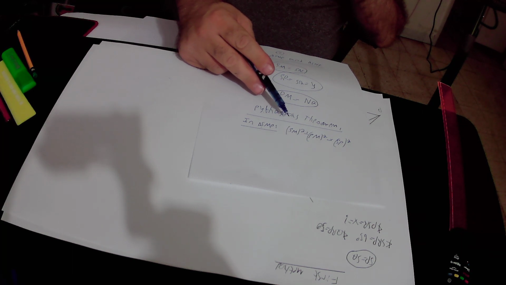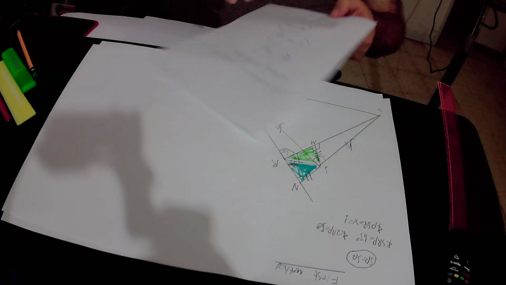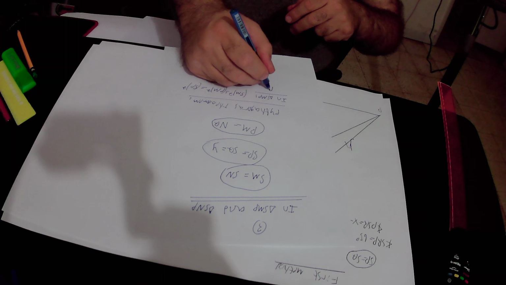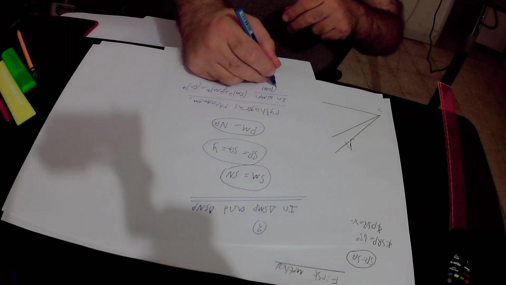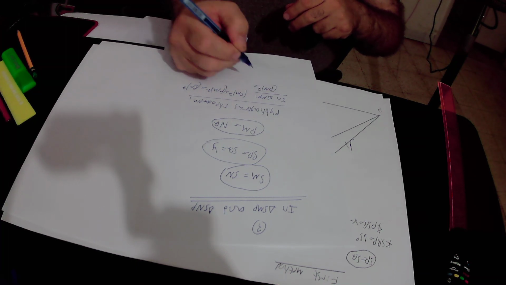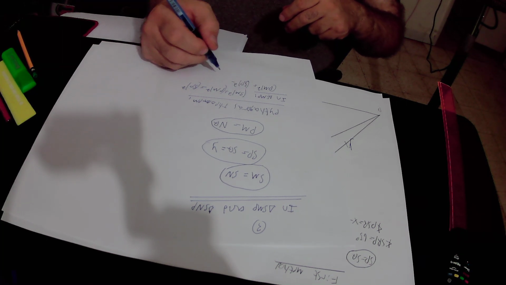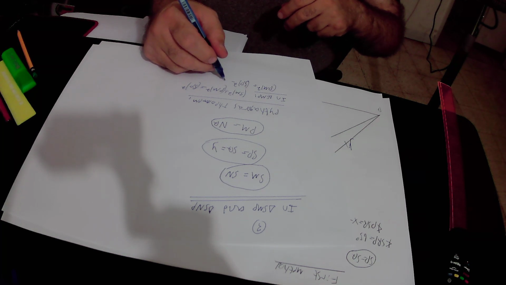Here, we will subtract SM square from this equality, and we will get that PM square is equal to SP square minus SM square.